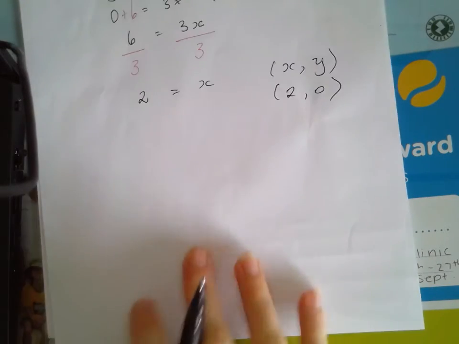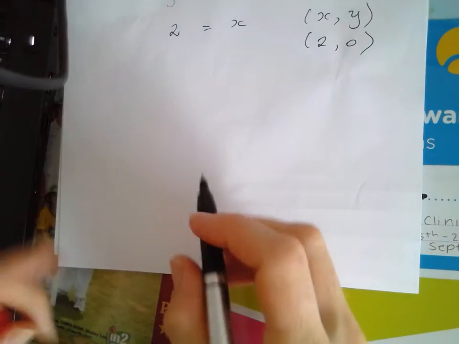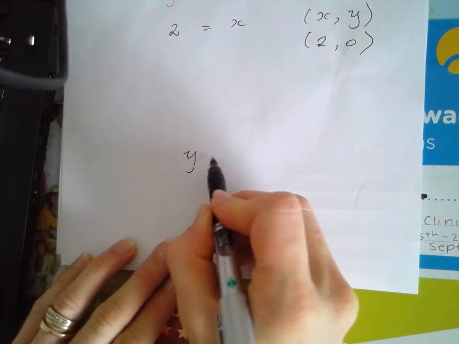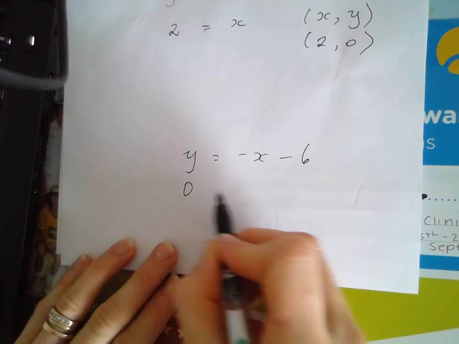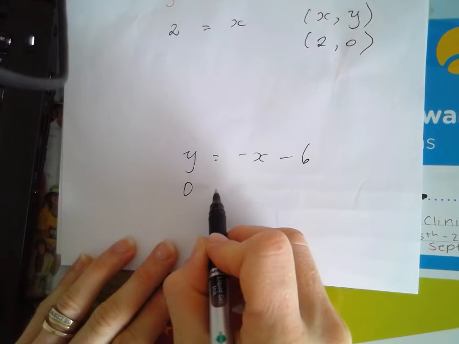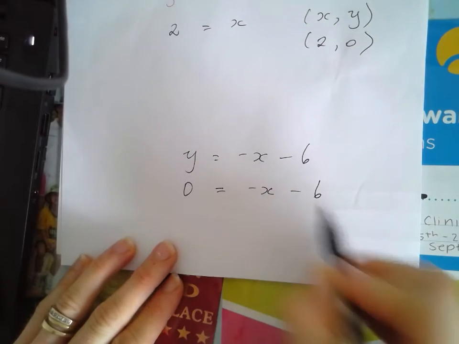The only one, Charlotte, that I don't know, I guess it is right, but the negatives of it get a bit complicated, was the y equals -x take away 6. So we'll go through the motions of our 0 for the y being set equal to -x take away 6.